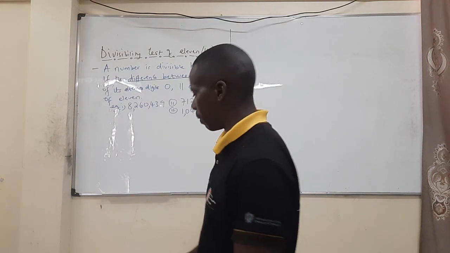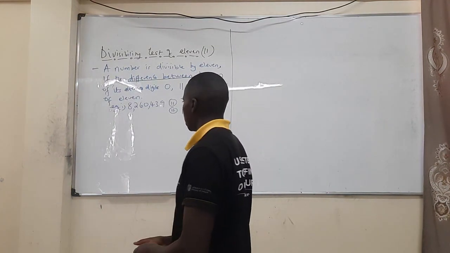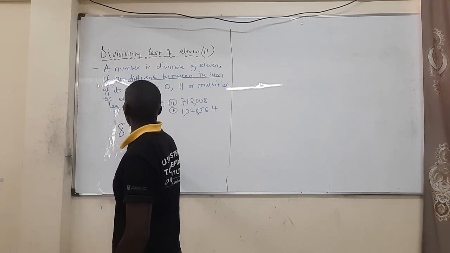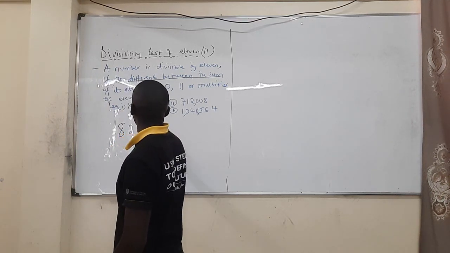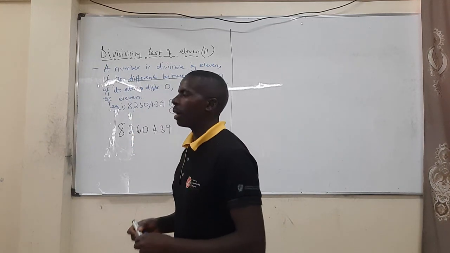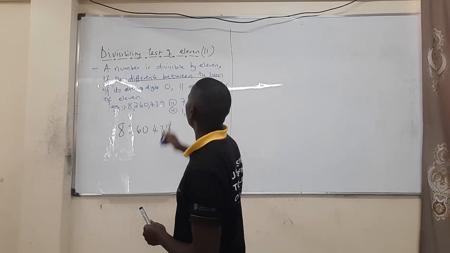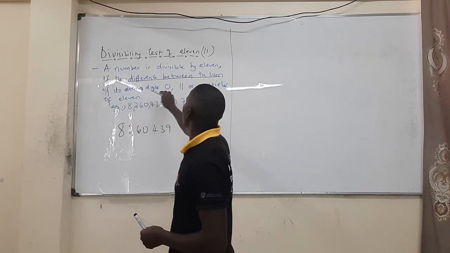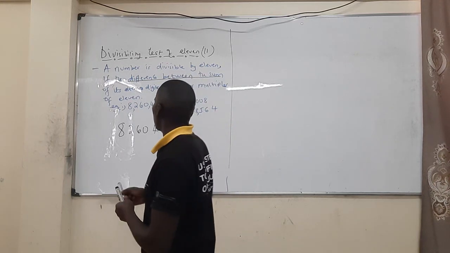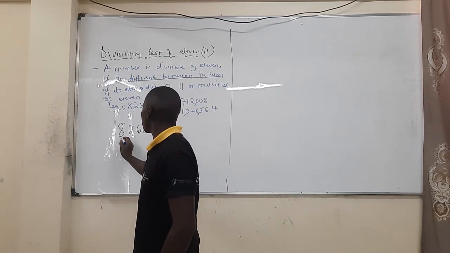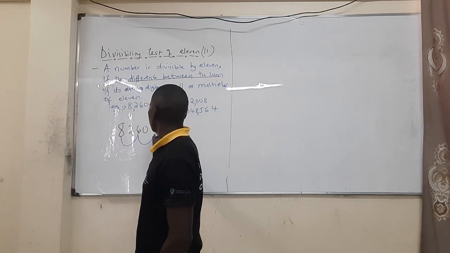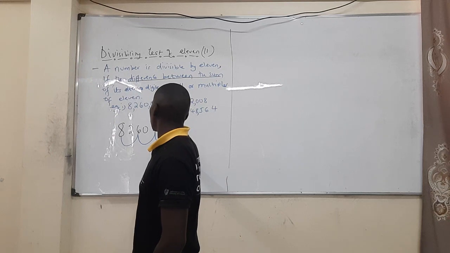We have the first one here, which is 8,260,439. We are looking at the difference between the sum of its alternate digits. The first alternate digits are 8, then 6, then 4, and the last, 9.